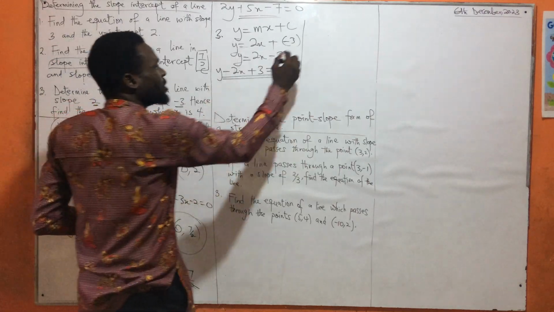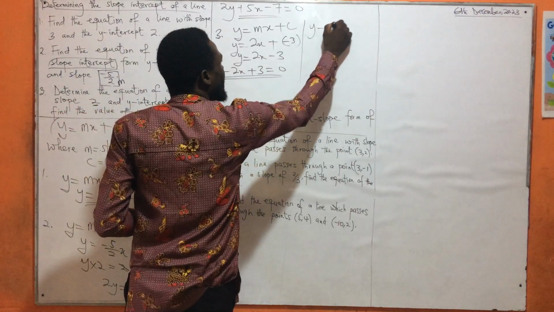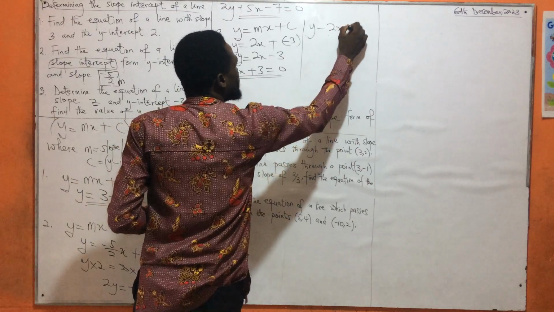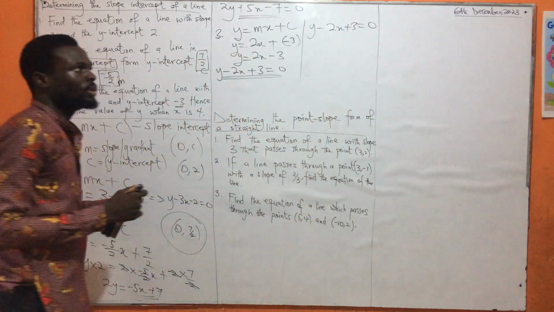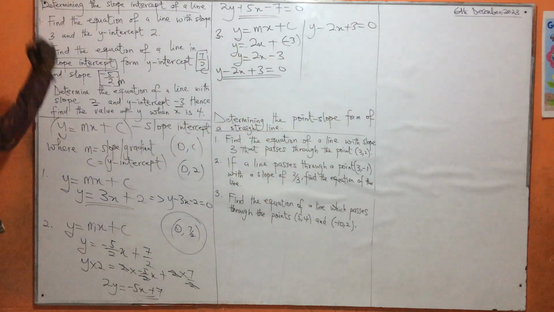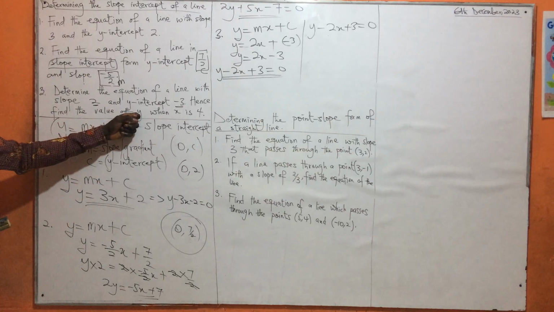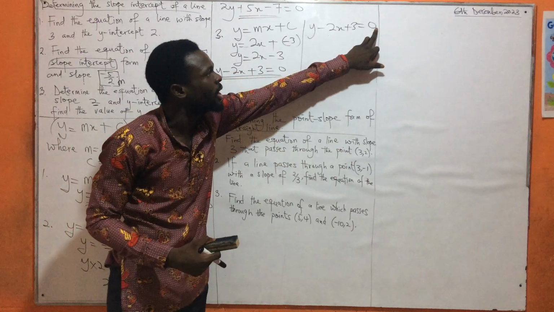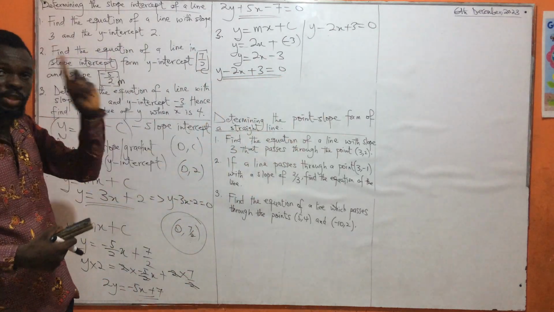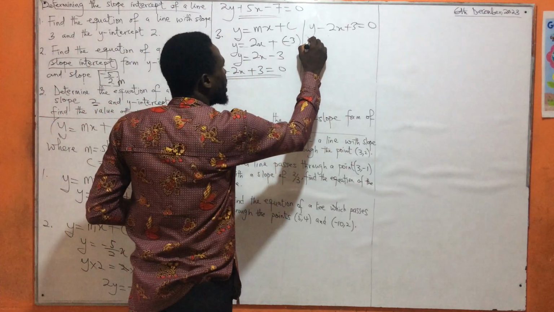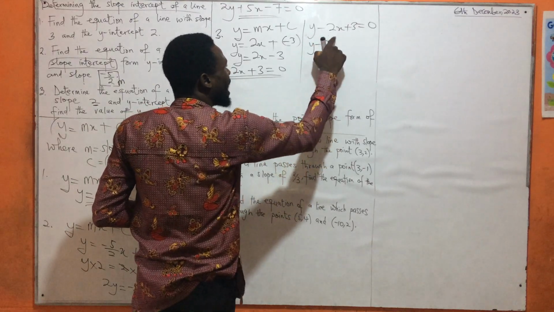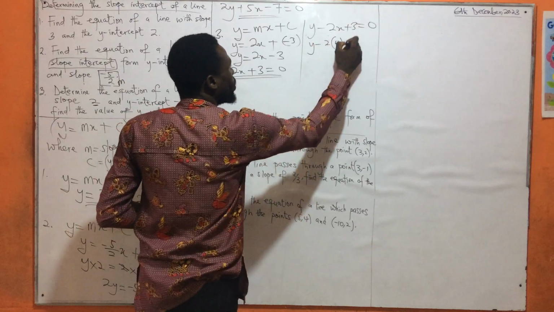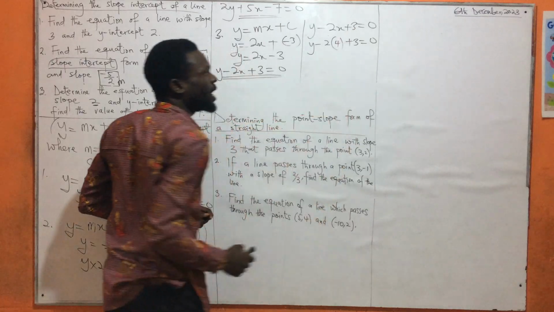If we are using this, we have the equation as y minus 2x plus 3 equals 0. We have been told to find the value of y when x is 4, so wherever we see x in this equation, we substitute it with 4. So we say y minus 2 times 4, plus 3 equals 0.